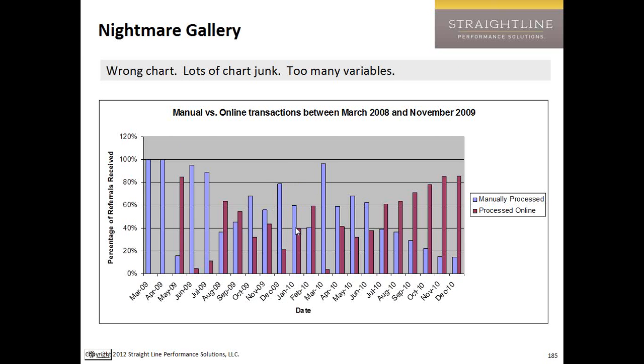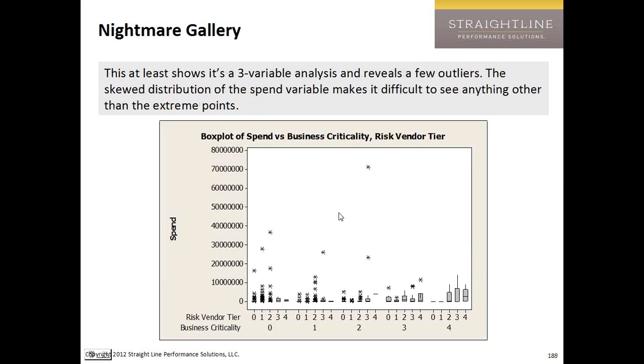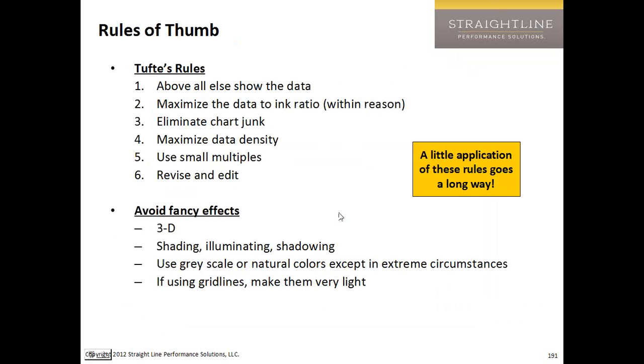This has got a lot of ink, but not as much data. It's also got a lot of stuff taking up space. For example, it's got this label over here. That's not data, but it's taking up space. It's got the colors here. The lines are very hard to read. There's a lot of ink in there. So try and maximize that. We'll give you some examples of that.